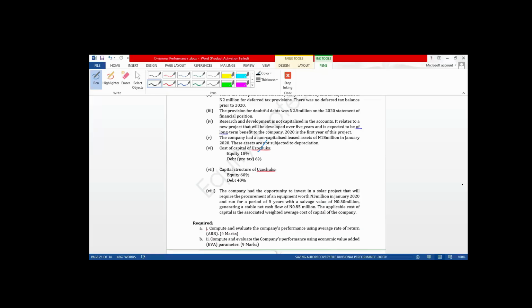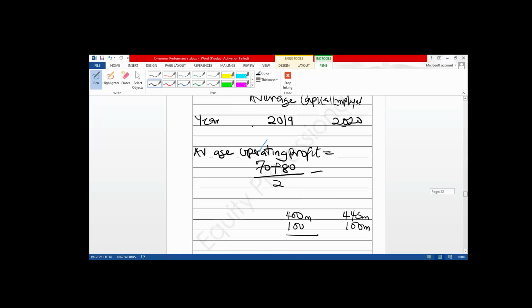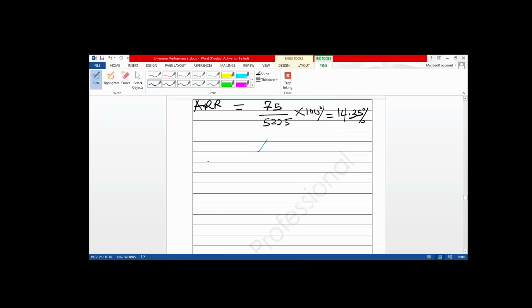Let's go to this. B. Calculation of economic value added.